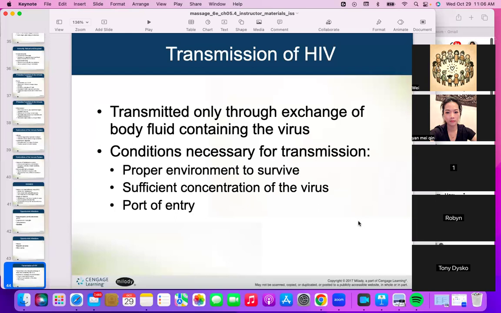So if you kiss somebody with HIV, you're not going to die. Okay, so a sufficiently large concentration of the virus must be present to cause the infection. There is no known case of HIV infection caused by contact with sweat or saliva. So don't be afraid.